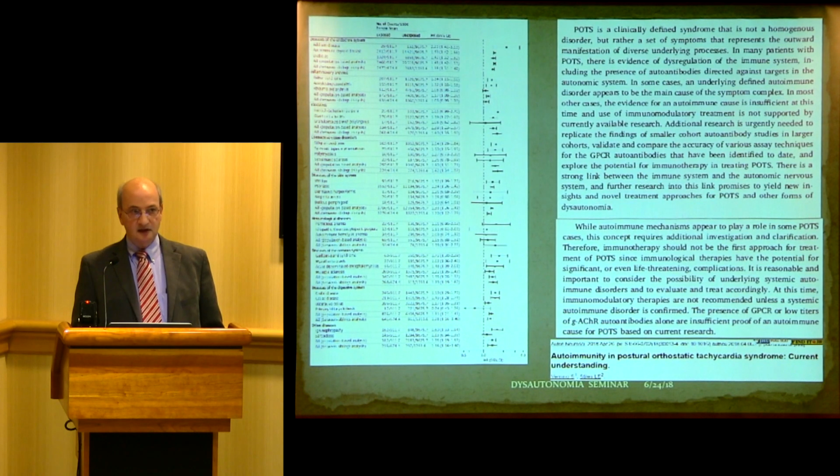So they make the statement that, sure, there's a lot to know about this, and there is a lot of interest in this, but there is no reason as of yet to think that one should be using immune therapy on patients with these disorders.